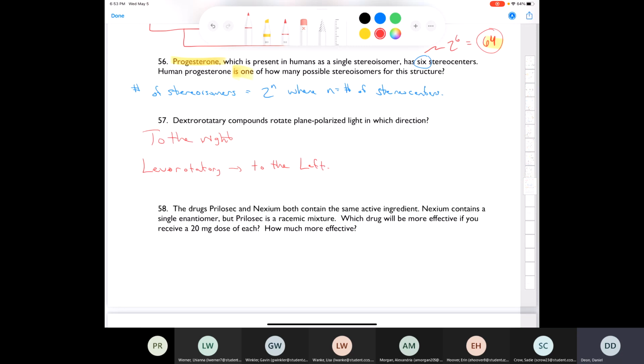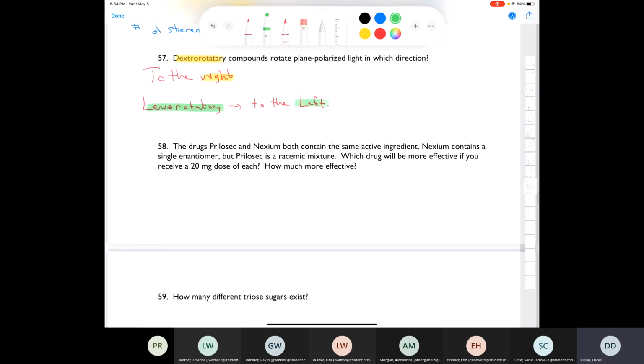So you should know the whole concept of plane polarized light being rotated by a chiral compound. If it rotates it to the right, that's considered dextrorotatory, and if it rotates it to the left, that's considered levorotatory.